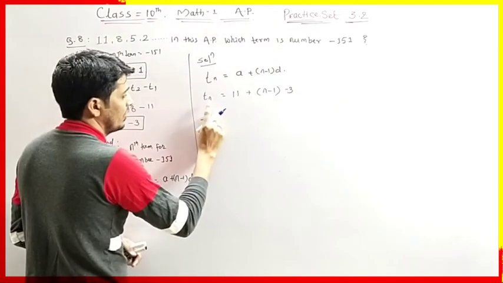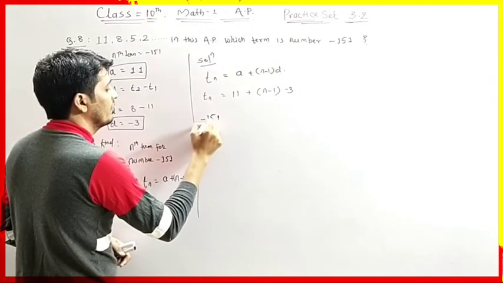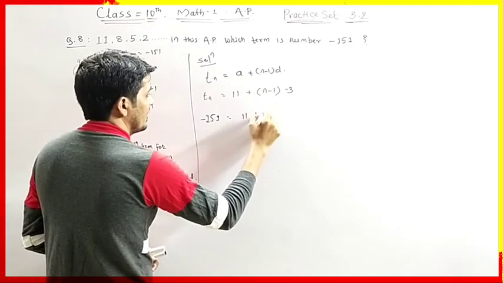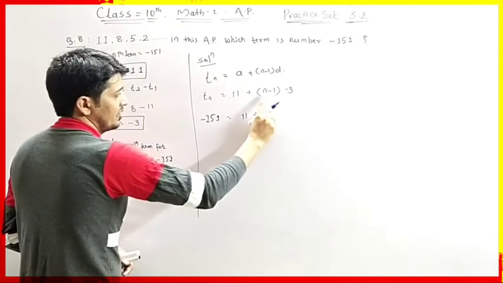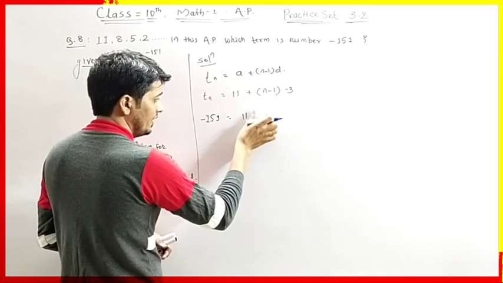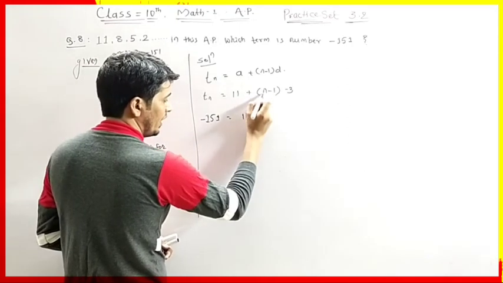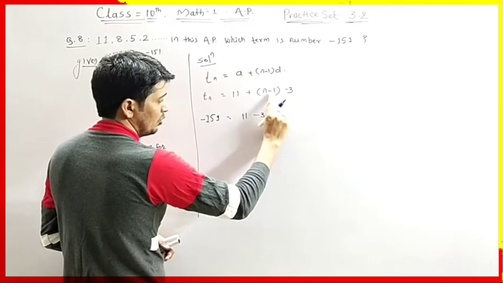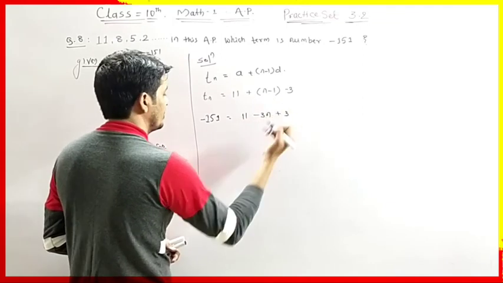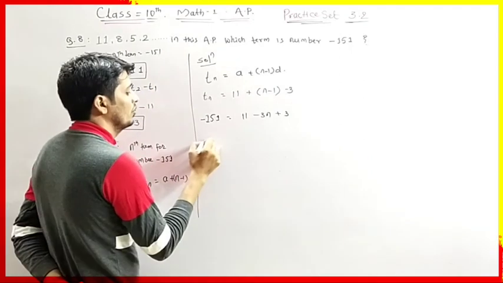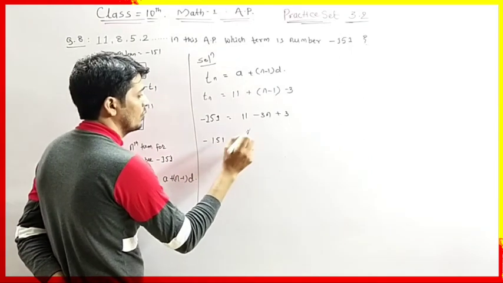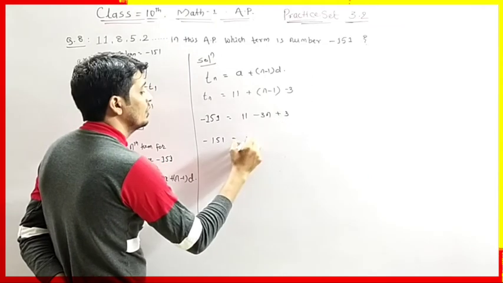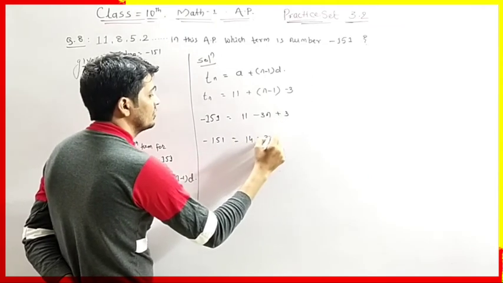So here we have to write negative 151 equals 11 plus, see, we have to multiply minus 3 by this. So minus 3 into n is minus 3n, then minus 3 into minus 1 is plus 3. So negative 151 equals 11 plus 3, which is 14, minus 3n.